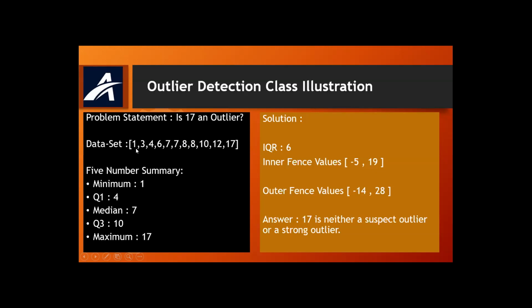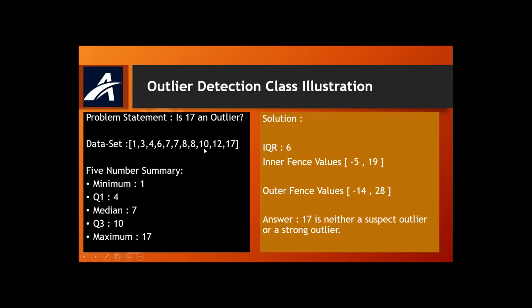In reference to the entire list, this one becomes the upper quartile, and this number 4 becomes the lower quartile. Basically Q1 and Q3. So the objective is to get Q3 and Q1. Once you've determined what Q3 and Q1 are, we need to get the IQR, the interquartile range. The interquartile range is Q3 minus Q1, which we've determined to be 6.